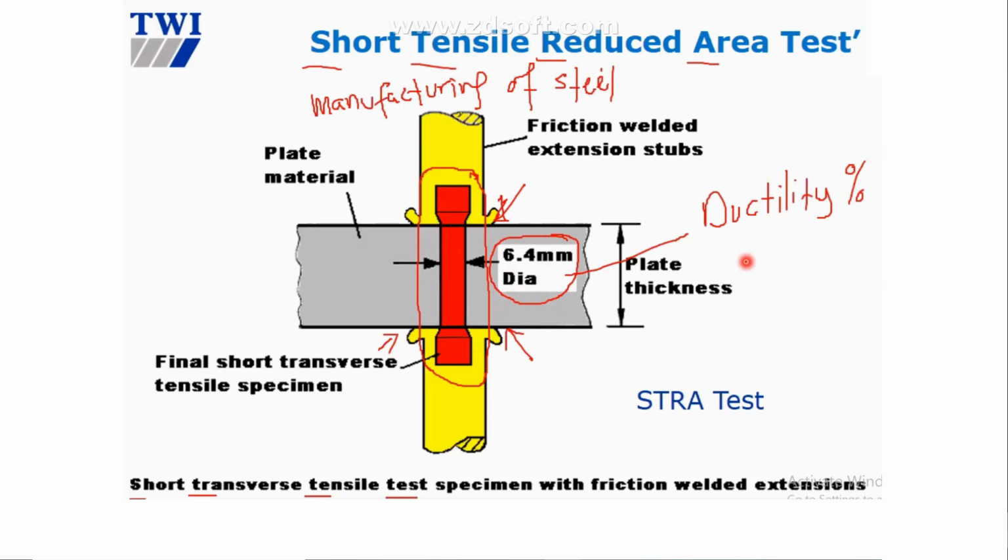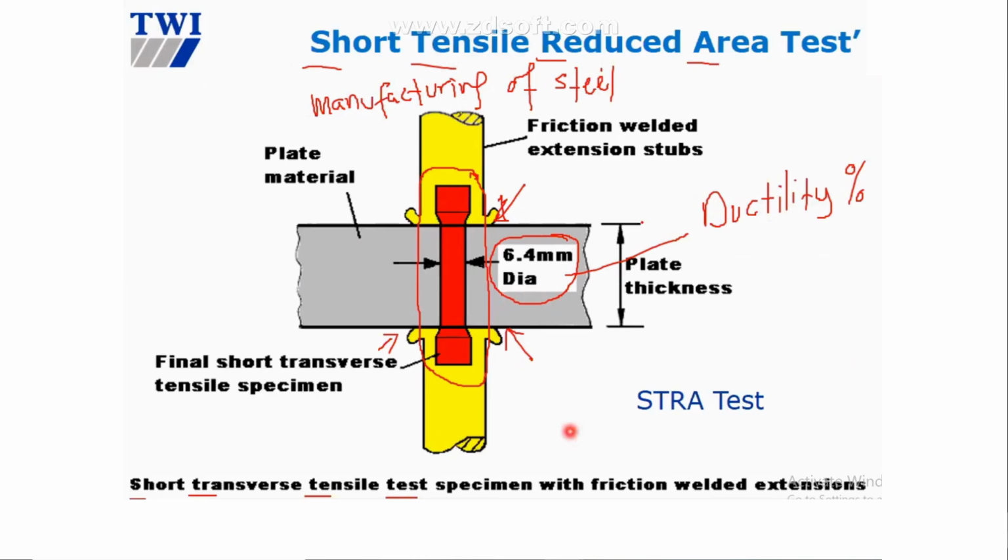One from diameter, which is under STRA. Another one during tensile, they get from elongation difference. Before test, 50 millimeter. After test, maybe it increased to 70 millimeters. So what's the difference there in order to get percentage? The percentage here refers to ductility. Remember that there are two ways to get ductility percentage: diameter and elongation. We're going to discuss in detail under the topic mechanical test later.